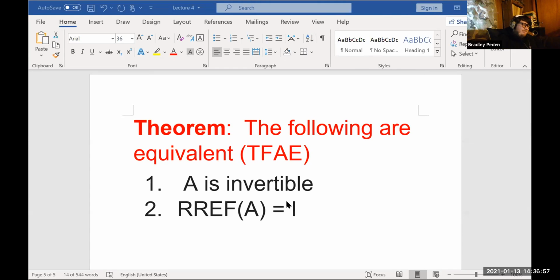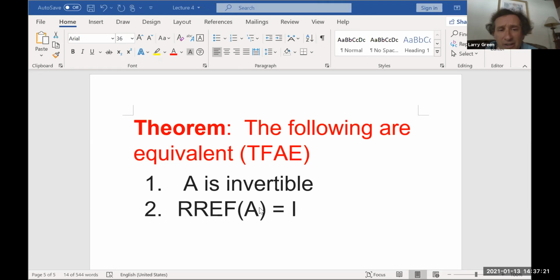Does that make sense? All right. If you declare it's invertible, that means it must be true that RREF of A is the identity. And vice versa, if you declare A is not invertible, it must be true that RREF of A is not the identity. Does that make total sense?